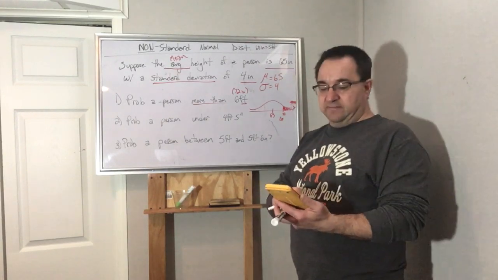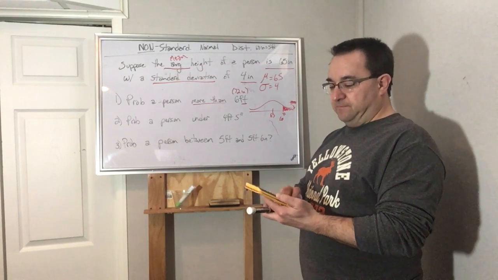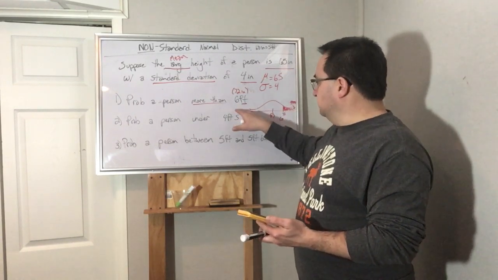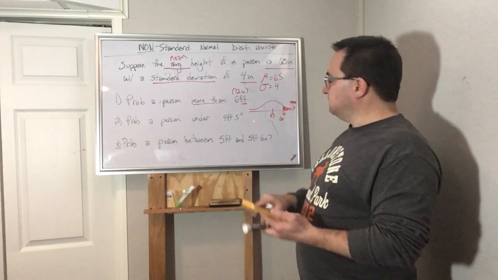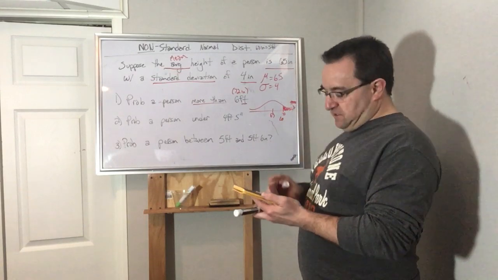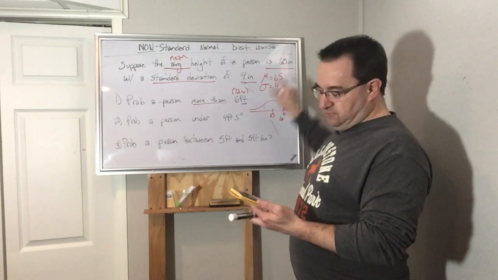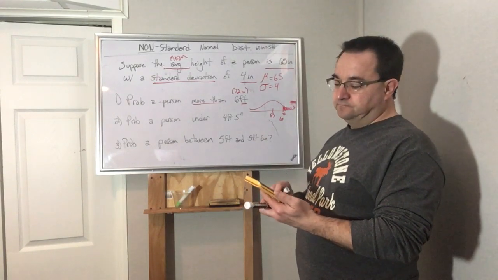So here we go. I'm turning on my calculator. Second distribution, option 2, normal CDF. Lower value is 6 foot, or 72 inches. The upper value is infinity, 99999. This time I got to put mu as 65 and sigma is 4.